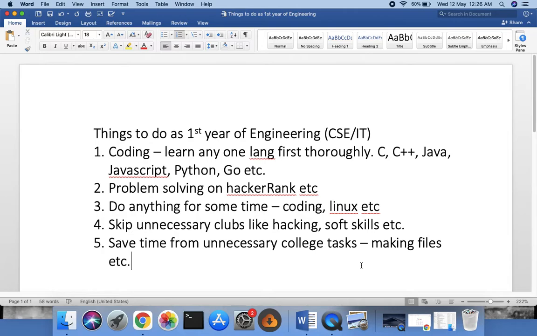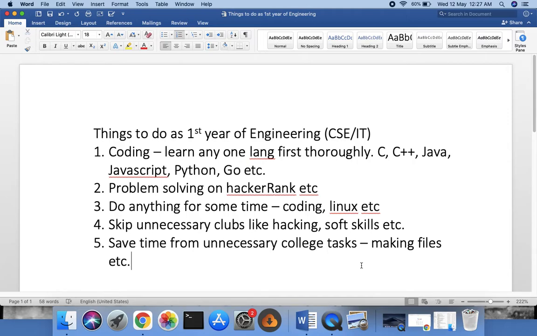Let's say you have just entered your college, and you picked Java in your first year. So at least try to stick with Java for at least a year, and just explore all the various features that Java has, try and implement those features, understand those features, basically have an in-depth understanding of that particular language, in-depth knowledge of the various things of one language, because that is very important.